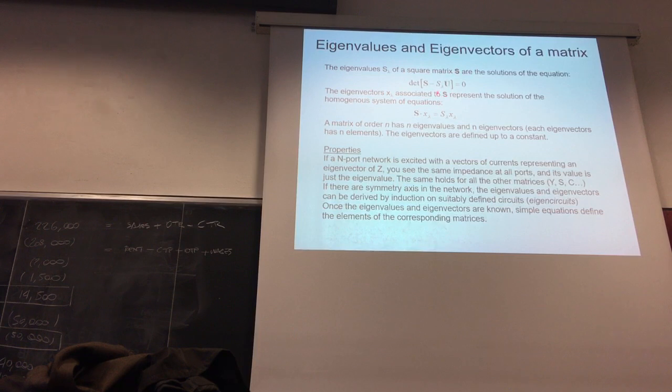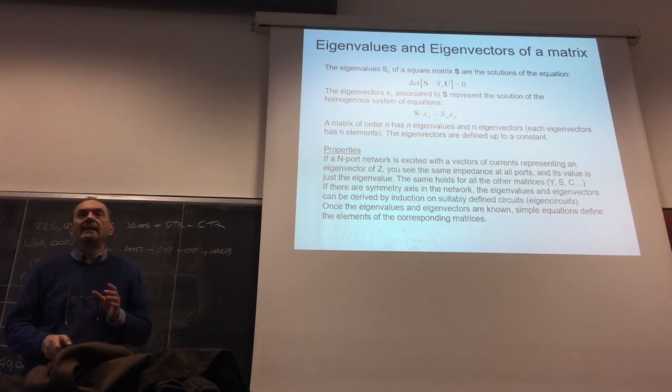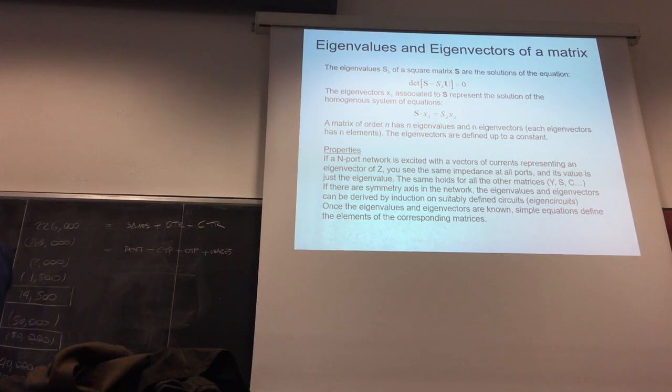The first one determines the eigenvalues. The solution of this linear equation gives, for a matrix S of order n, n complex values if the matrix elements are complex, which are called the eigenvalues of the matrix.